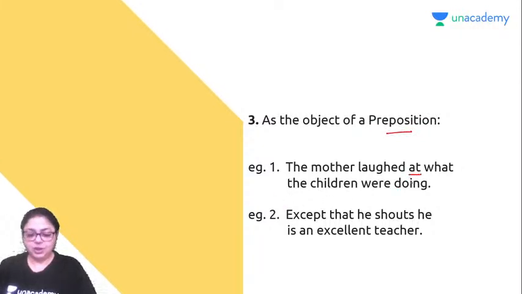"At" is my preposition. The mother laughed at what the children were doing. So here it is the object of a preposition. Except that he shouts, he is an excellent teacher.